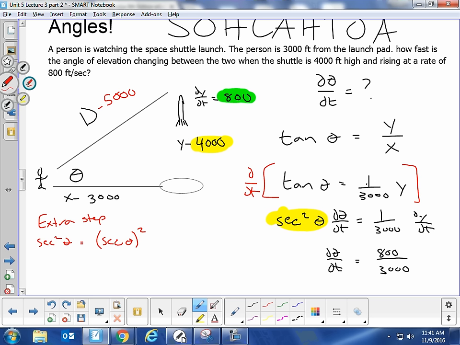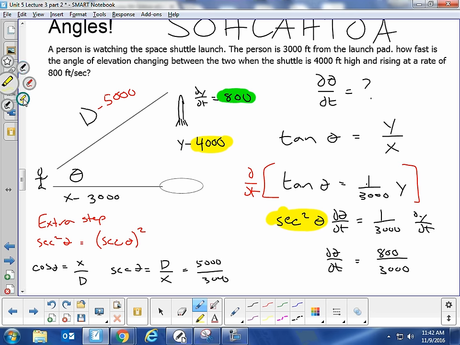It's just going to be equal to a ratio. Now, what ratio is it equal to? Well, it's the reciprocal of cosine. Cosine of an angle is equal to my adjacent, or my x, over my hypotenuse, which is d. That means secant of my angle will equal d over x. Well, in this case, d over x is 5,000 over 3,000, or 5 over 3.